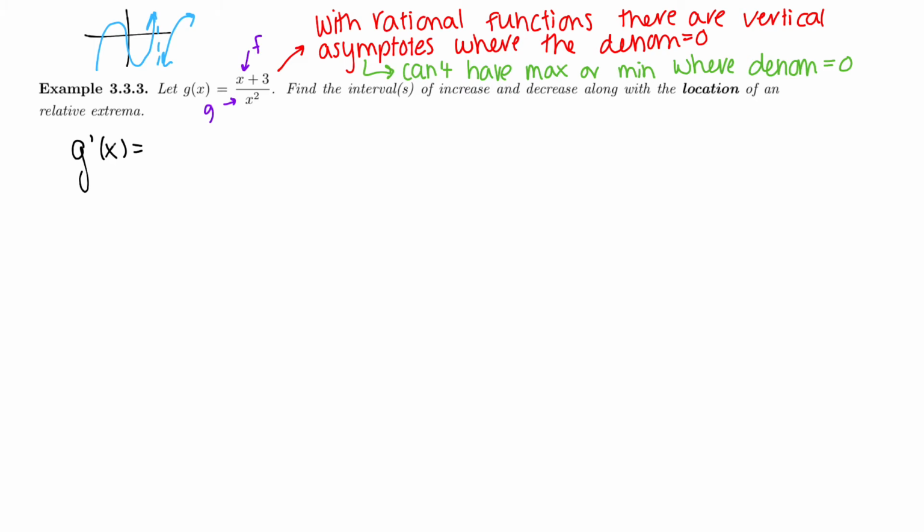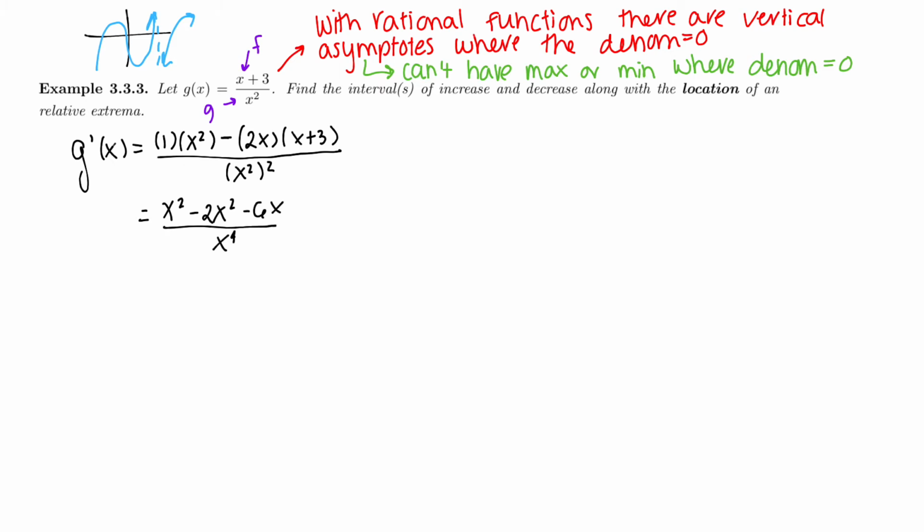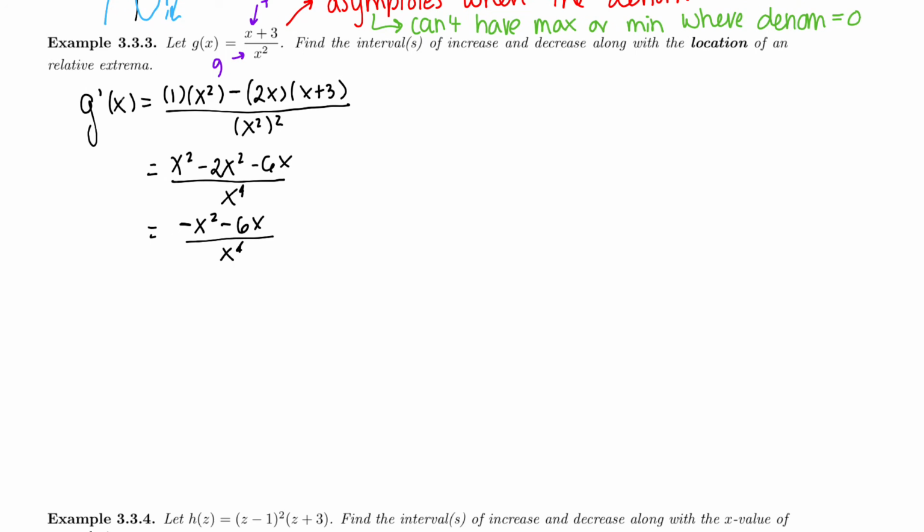So f prime is 1, g is x squared, minus g prime is 2x, times f is x plus 3, all over g squared, so x squared squared. So simplifying, we have x squared minus 2x squared minus 6x, all over x to the 4th. That's going to be negative x squared minus 6x over x to the 4th.